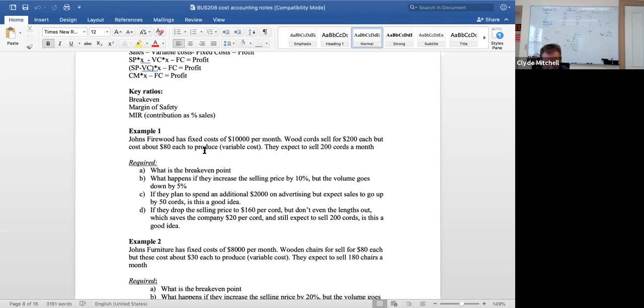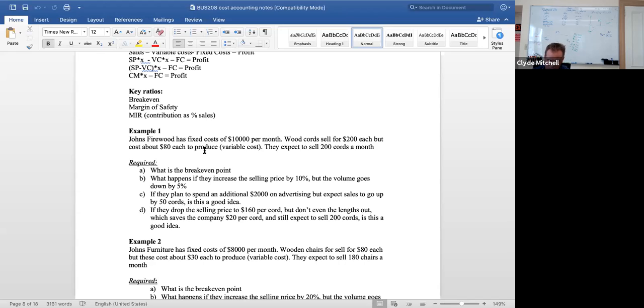So we are losing a net amount of 20. If we're losing 20, but we're not selling any more units, clearly this is not going to be a good idea. And you can go and do the maths, put in the new selling price, put in the new variable costs, keep the number of units sold as 200, and the fixed cost is the same, and you'll see that the profit would go down from our initial level.